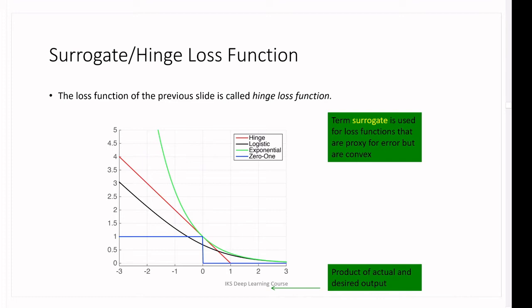The logistic loss function is used in the logistic regression classifier, and the exponential loss function is used when we use an ensemble of classifiers. Some of those things we are not going to be talking about, but some of those things are actually covered in courses on machine learning.